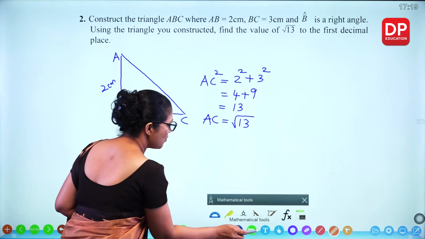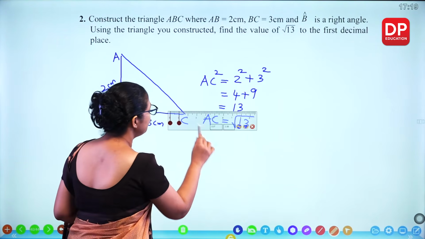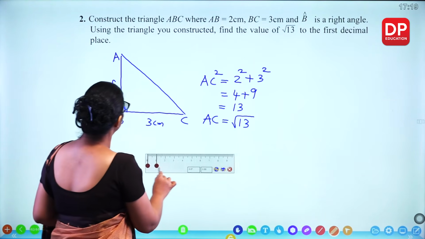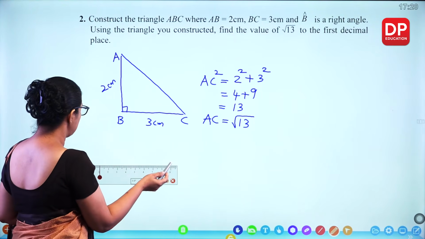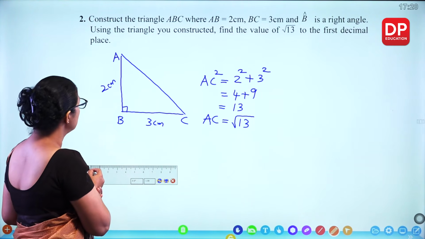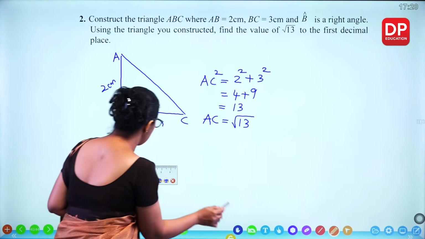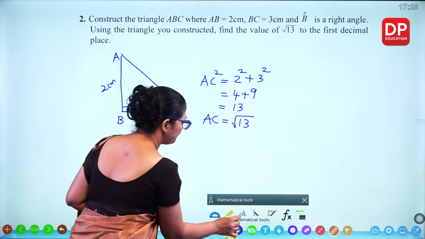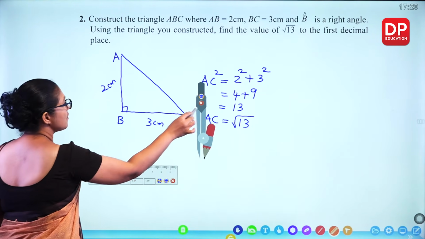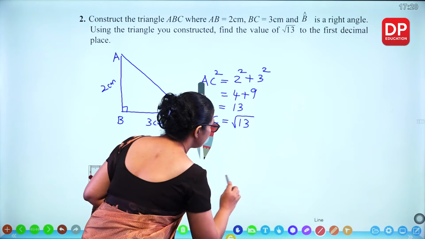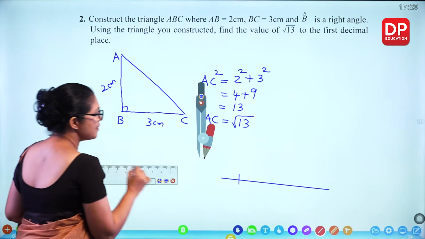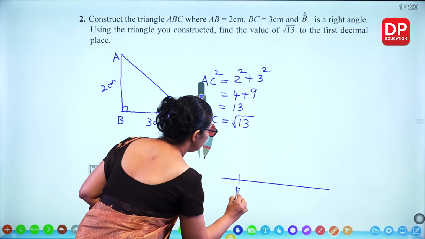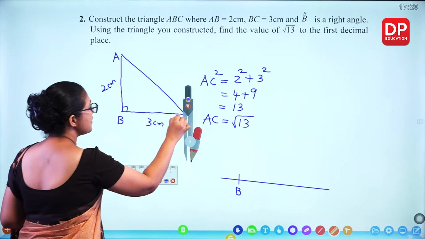So we need a ruler. And we'll take the compass to construct the line. So here, first draw a line and take the point as B. BC length is 3 centimeters.